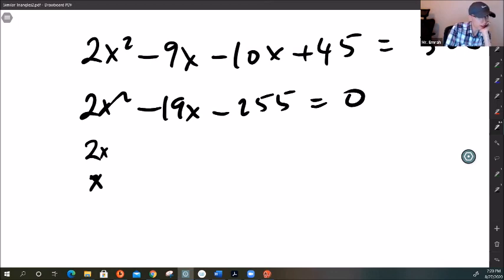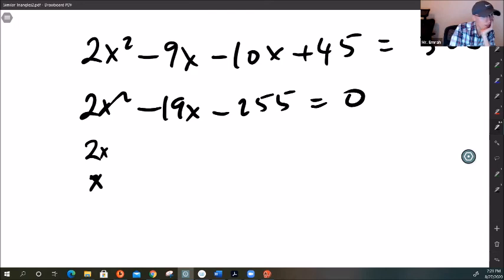What are the two factors of 255 you used? I suggest maybe 5 and negative 17.